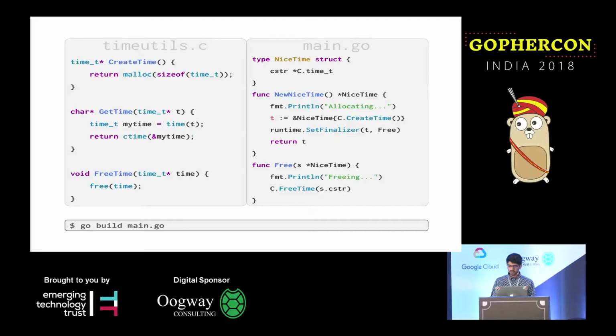In this function, we create the object, and we also set the finalizer for that object, which means that whenever the Go garbage collector tries to free the NiceTime object, it will also call the free function, and the free function will in turn call the C free time function. So we don't leak memory, and we are good to go. And yes, again, the build is the same.